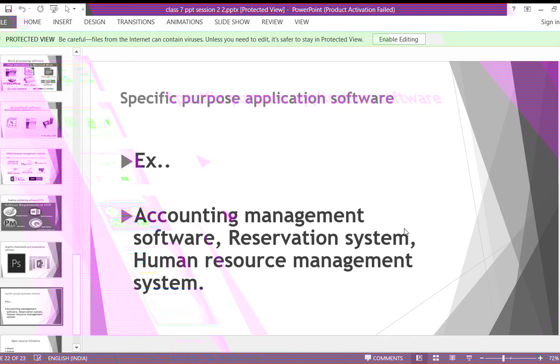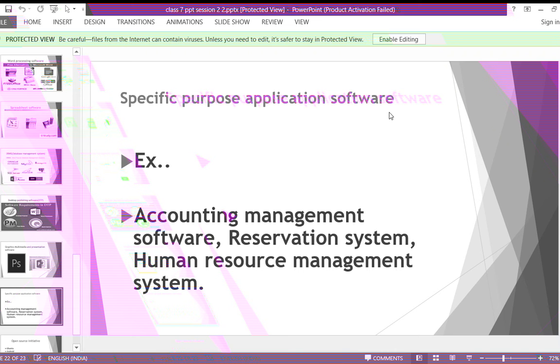The computers used for reservations, for accounting in banking, or for managing human resources are called specific purpose application software.